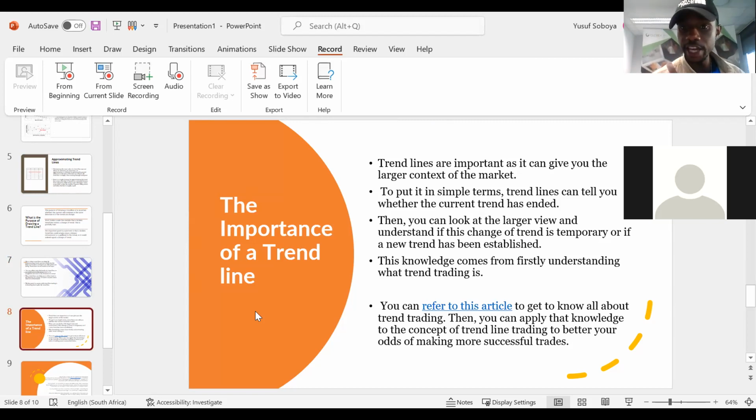To put it in simpler terms, a trend line can tell you whether the current trend has ended. Then you can look at a larger view and understand if this change of the trend is temporary or if a new trend has been established. This knowledge comes from firstly understanding what trend trading is.